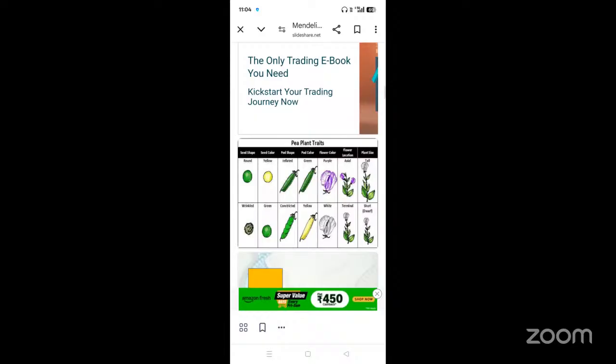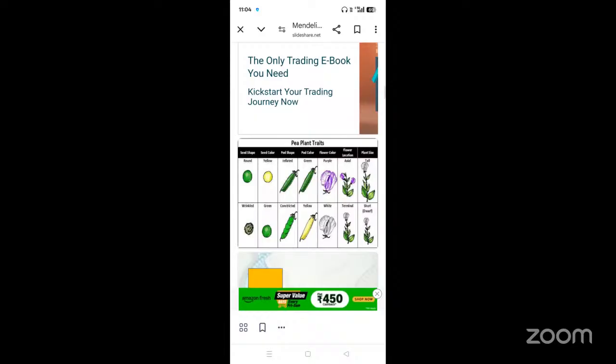Mendel's experiments: the monohybrid cross, and next the dihybrid cross. In the monohybrid experiment, Mendel took two pea plants with opposite traits, one short and one tall, and crossed them. He found that the first generation offspring were all tall, and called it the F1 progeny. Then he crossed the F1 generation and obtained both tall and short plants in a 3:1 ratio.